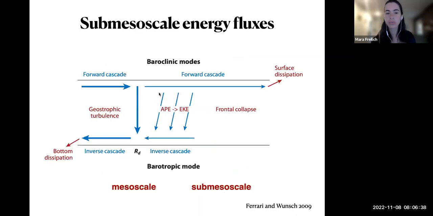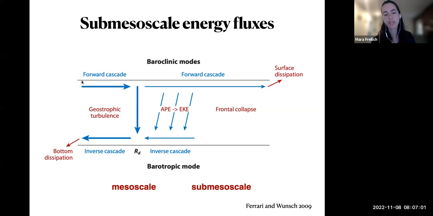Submesoscale is also really important for energy fluxes. So the question of how energy is cascaded from the largest spatial scales to the small spatial scales, and ultimately how kinetic energy inputs to the ocean are dissipated, is really one of the fundamental questions we have.